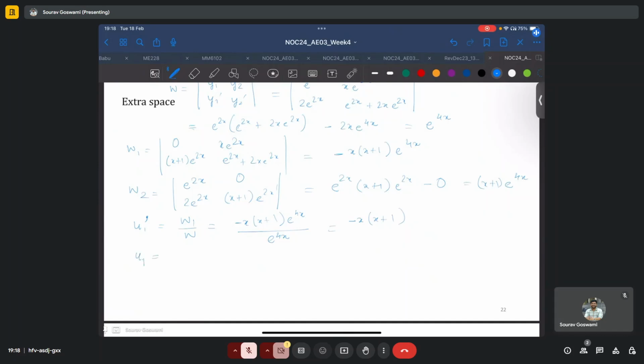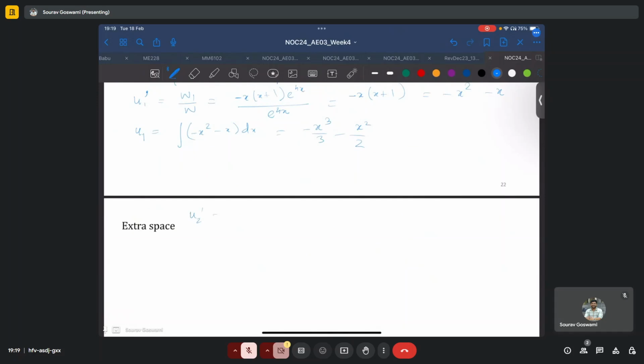So u1 is then the integral of minus x square minus x dx. This becomes minus x cubed by 3 minus x square by 2, and remember, we are not taking the constant of integration because that has already been taken care of in the final solution.